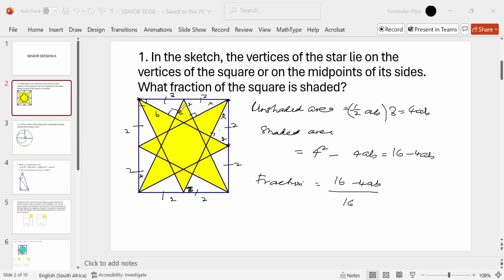Okay, now we can actually calculate this A and B here. The reason being that you'll see this triangle here, this angle, which we called X actually before.